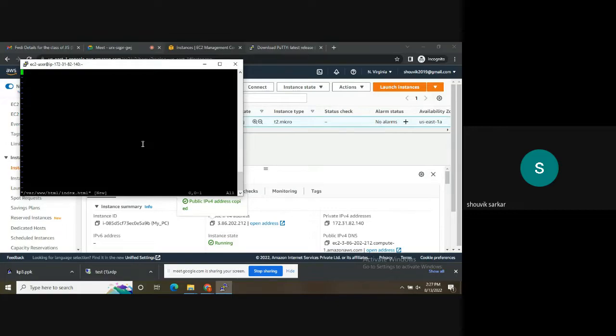Now within this window, we need to write the HTML code. By pressing I for insert, we write the HTML code here.